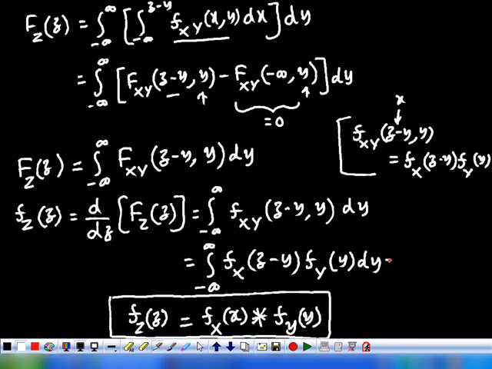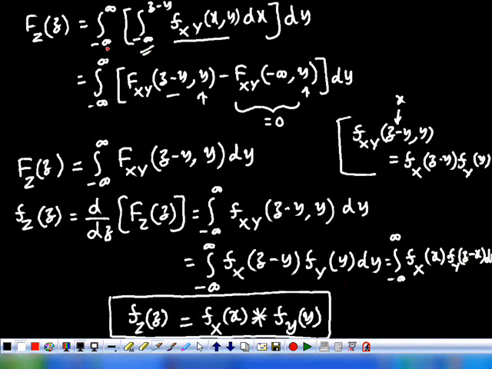Can I write this integral as integral from minus infinity to plus infinity f_X(x) f_Y(z minus x) dx? Is it right? Here I have written minus infinity to z minus y.